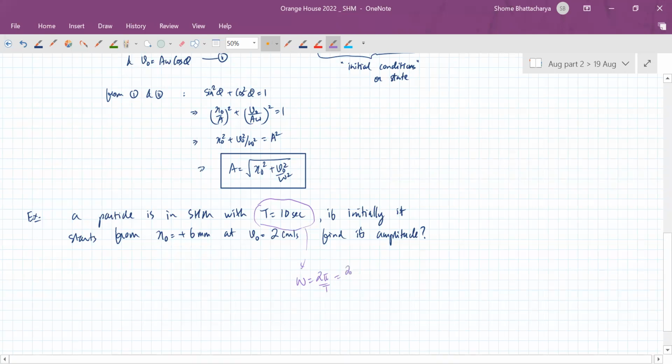Okay. So from this we will get the value of omega. Okay, so that is, so approximately. So now our amplitude, make this in centimeters instead of millimeters.